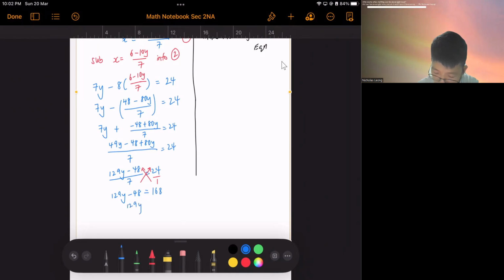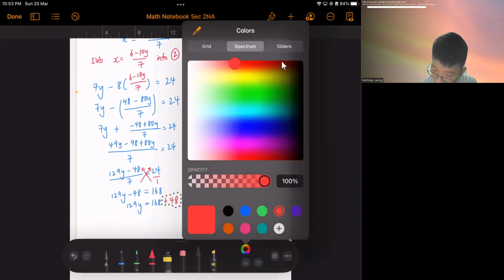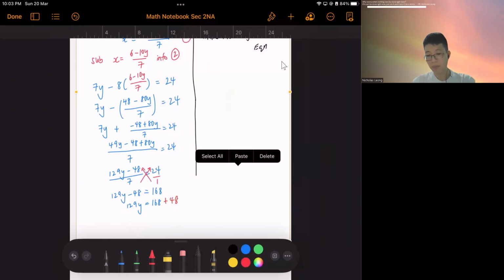So now I need to rearrange the terms in order to solve the equation. So 168 plus 48, because from the second last step to the last step, I'm adding 48 to both sides. So minus 48 plus 48 is 0. So 168 plus 48. When you shift a term, the term will change its sign.